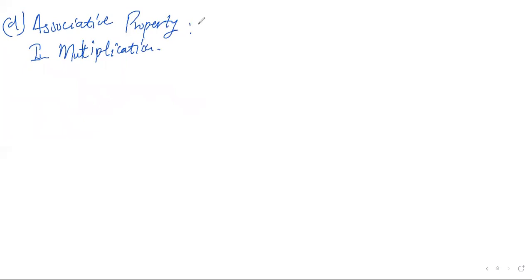Still no further explanation, you just need to know about multiplication. If we have A times B times C, multiplying the first factors is the same as multiplying the last numbers. It's the same, easy.